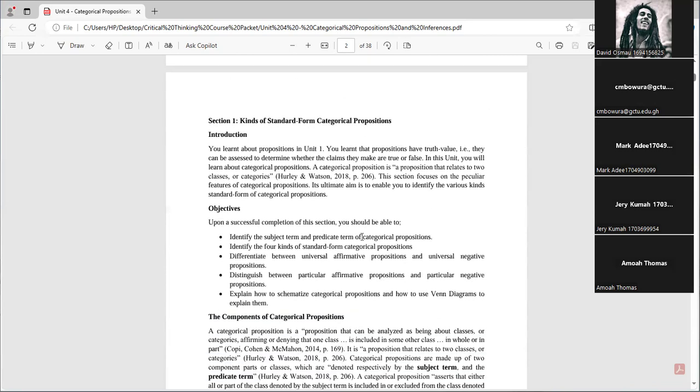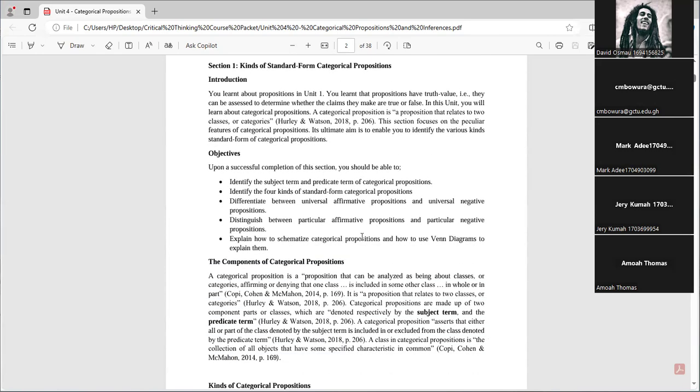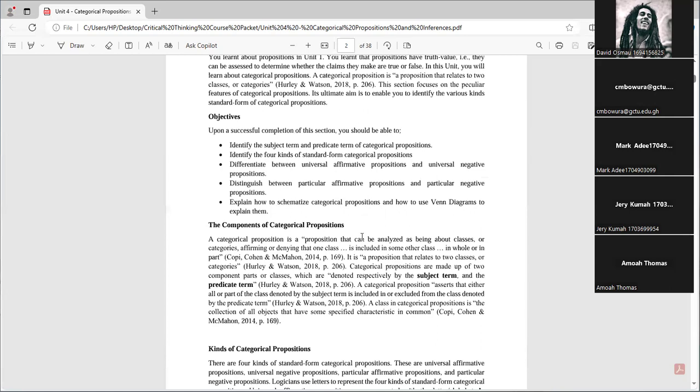Now, there are 4 different types of categorical propositions. But before we get to the 4 different types, we need to look at 2 key component parts of a categorical proposition. We have said that it can be divided into 2 parts. If I say all students are clever, one class is students, the other class is clever people.